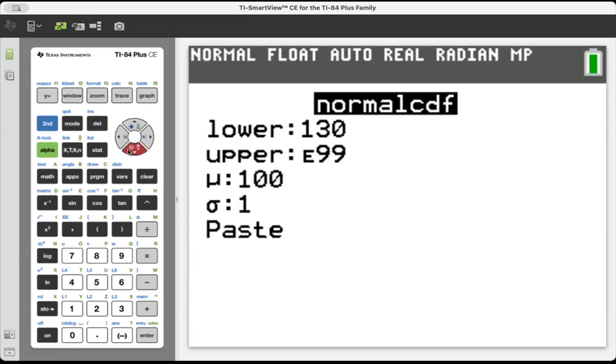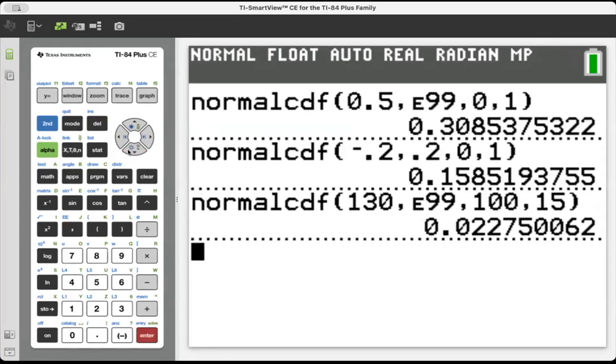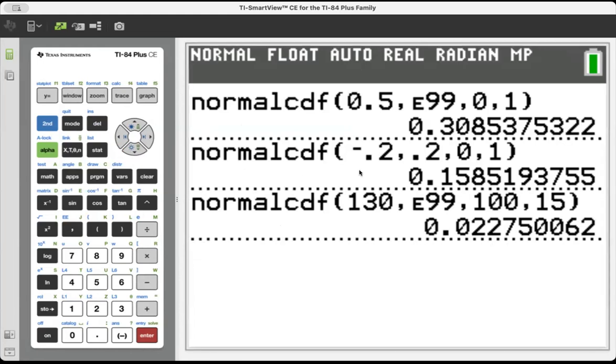Standard deviation is 15. Paste. Okay, and this is a kind of small probability, 0.02275, but because of the 5 here, we're going to make the 7 an 8, so 0.0228.